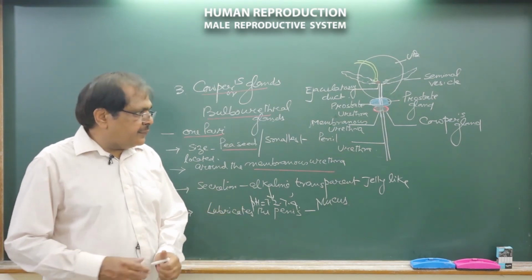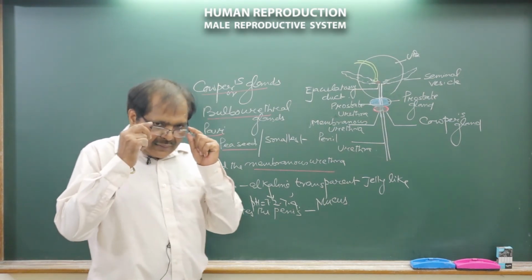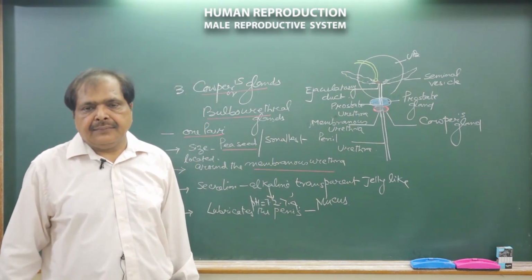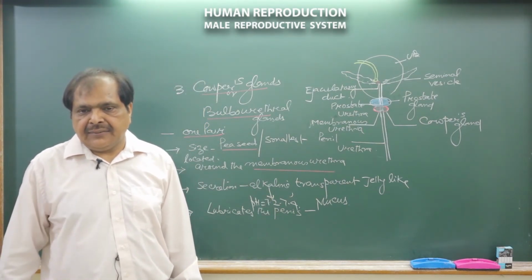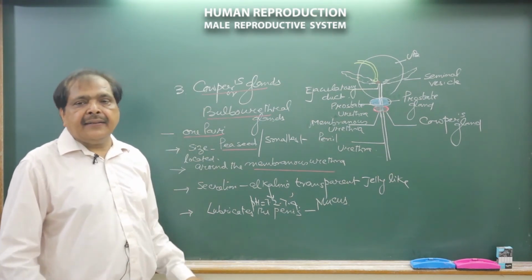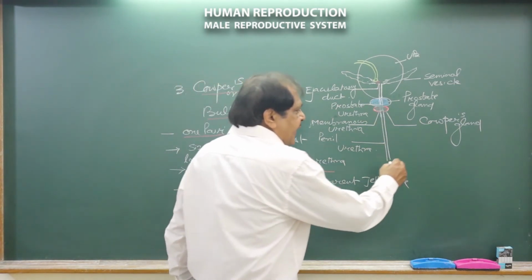Now, one thing more. We have told that the secretions of all the three types of glands are alkaline in nature. What is the function of that alkalinity?